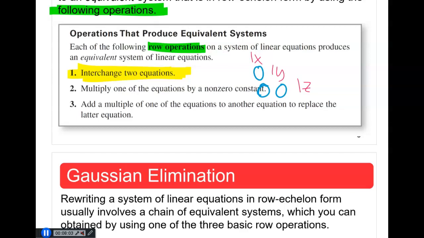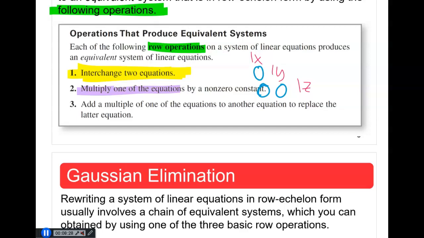Then another row operation is to multiply one of the equations by a non-zero constant. Kind of like with the method of addition or elimination, we use a non-zero constant, meaning it could be positive or negative, but not zero. We do that so that we can cancel terms.